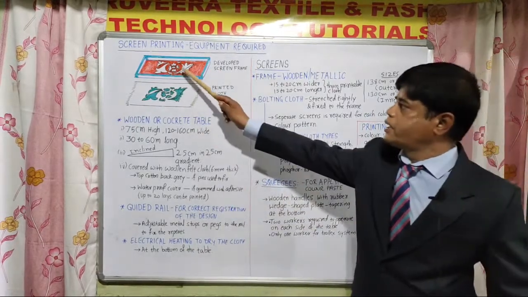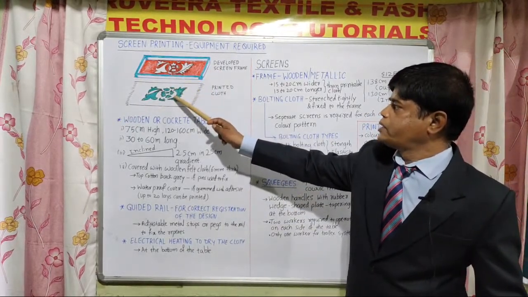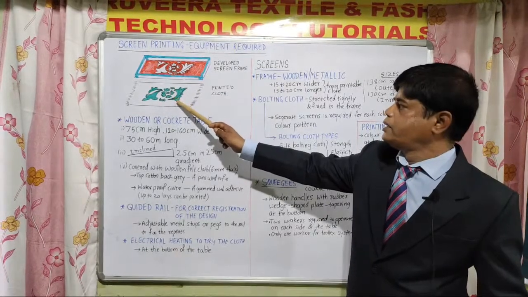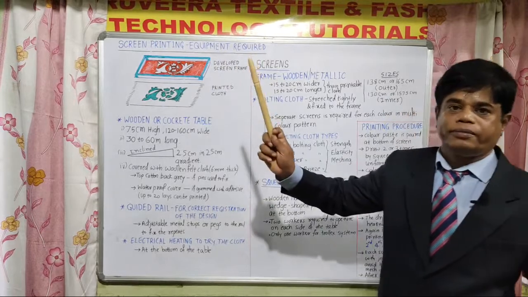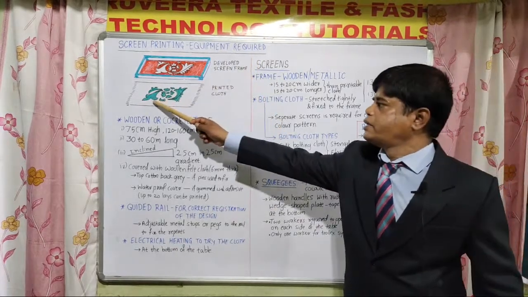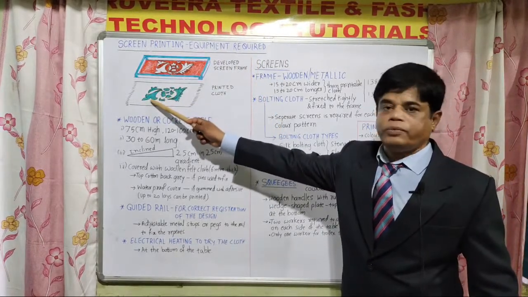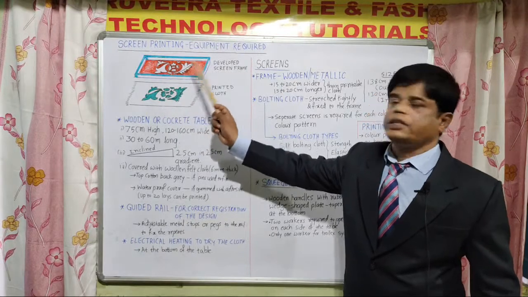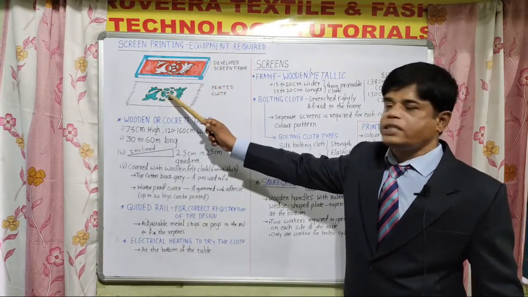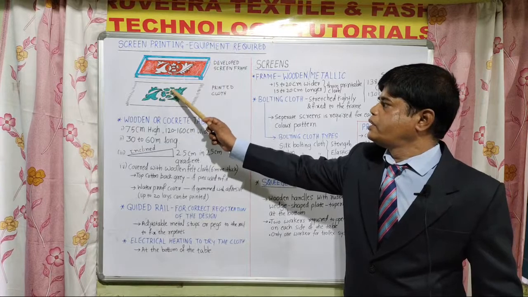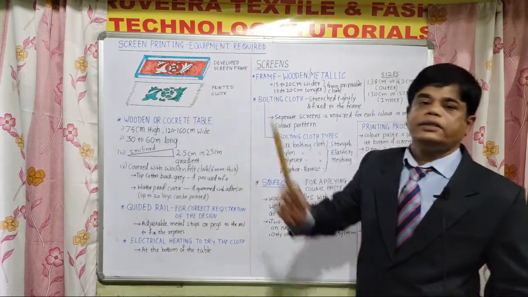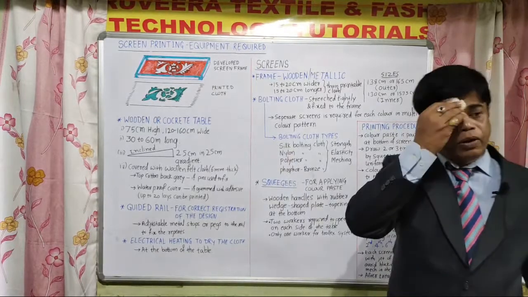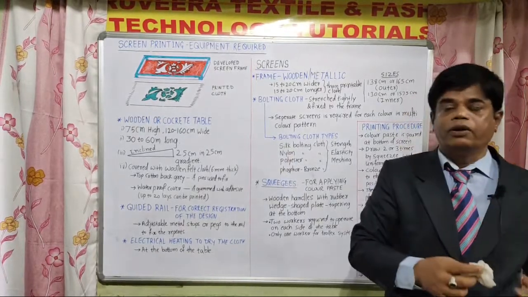And how is this screen printed? One screen allows only the right leaf, which is opened, and the rest is blocked. The second screen allows only this part to receive the color and the rest is blocked, and the third frame allows only the middle design to receive the color. What is this block and unblock?